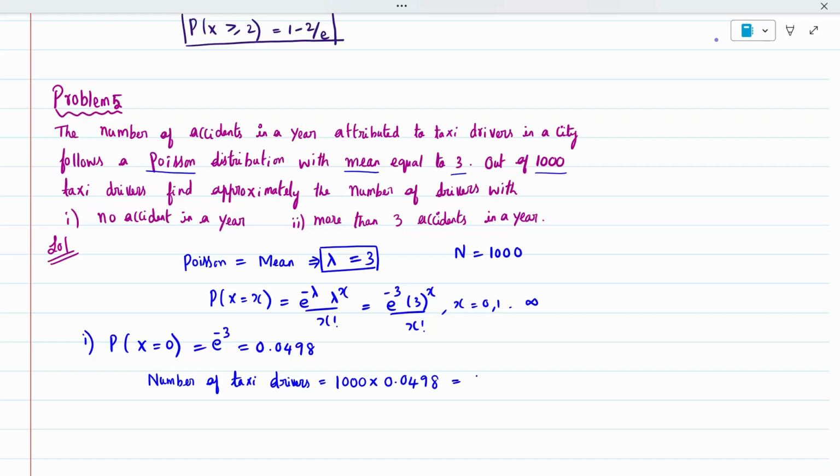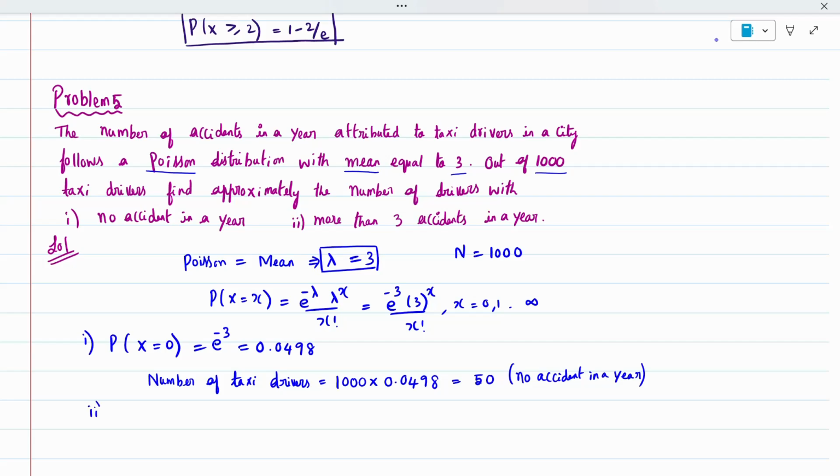When I calculate it, I am getting 50. So 50 is my no accident count in a year. 50 taxi drivers out of 1000 do not create any accident at all in a year.